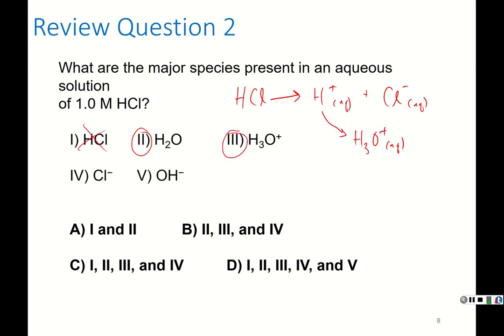Hydronium ions, yes, you're going to have approximately 1 mole of those. Chloride anions, same with that, you're going to have a 1 molar solution of those. And then finally OH minus, and OH minus is there, but it's there in a very, very small amount. So it's not a major species. So here we have 2, 3, and 4, which that choice would be B.